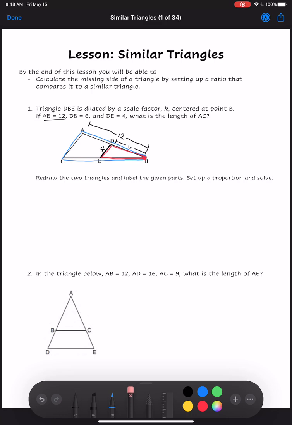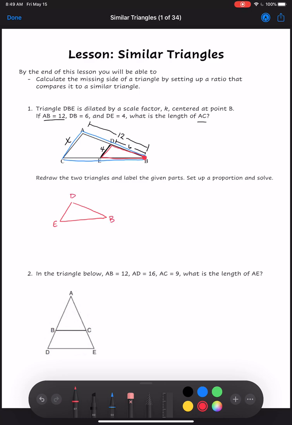What is the length of AC? So we're looking for AC, and that's going to be this side here. You can see it looks a little confusing. There's a lot going on there. So we're going to redraw the two triangles, and we're going to label the given parts again. So we have triangle DBE, that was the original one, so that's the smaller one. We try to draw it in the same shape so we don't get confused when we look back to our original diagram.